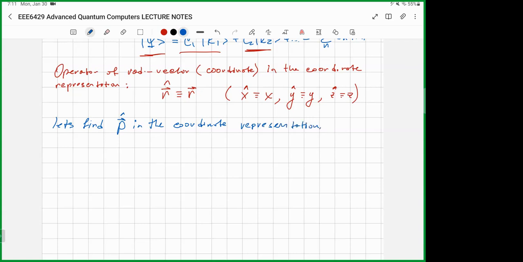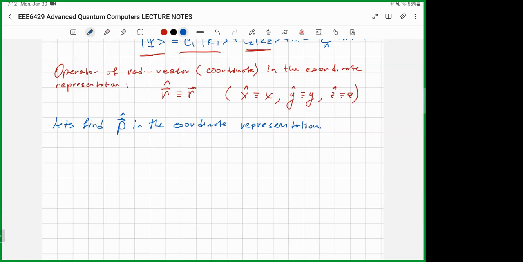By the way, if you would consider the system in the momentum representation, then in this representation the momentum would be just the momentum itself, right?